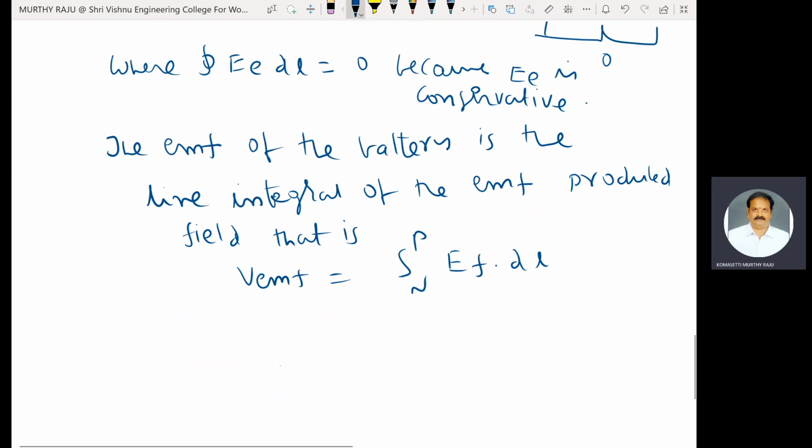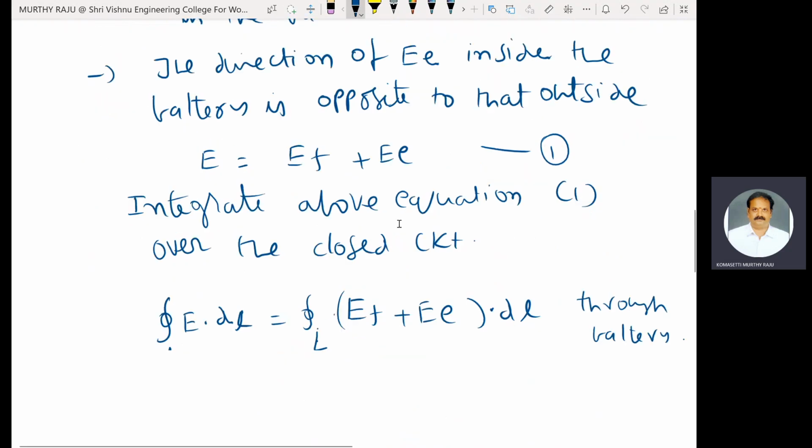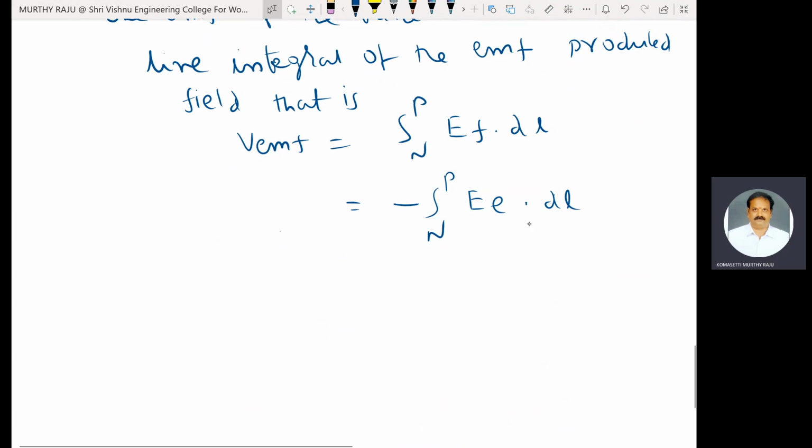EF and E are in opposite directions inside the battery, therefore it is the integral from neutral to positive of EF dot dl minus the integral of EE dot dl. In the closed circuit, this EMF is V EMF, which is equal to I into R.